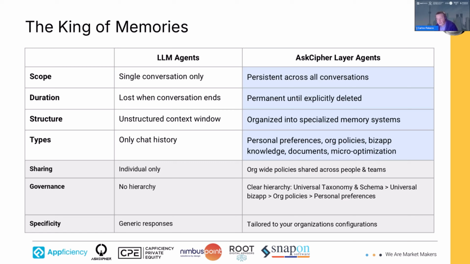What we introduced with Ask Cipher is a persistent, layered memory structure that carries meaning across all conversations of your organization until you actually delete that memory.